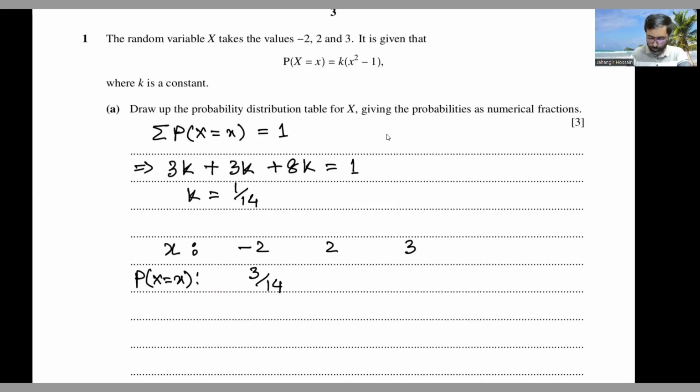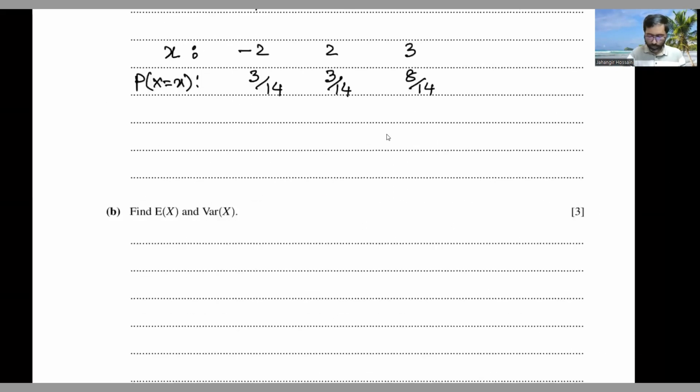For 2, the probability is 3k as well, 3 by 14. And when x is 3, the probability is 8k, so it is 8 by 14, or you can also write it as 4 by 7. So that's the probability distribution table, and we have given the probabilities as numerical fractions. Now let's move on to the second part.